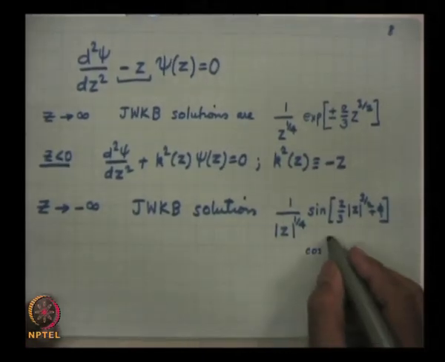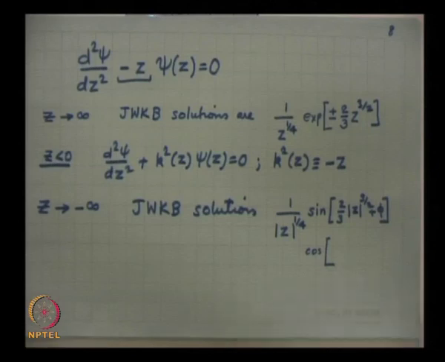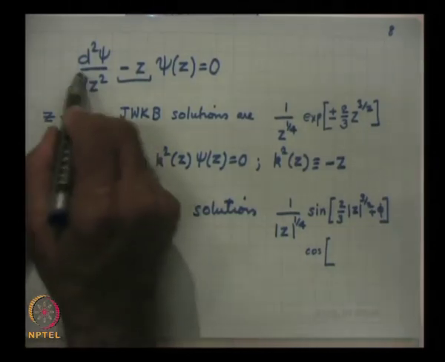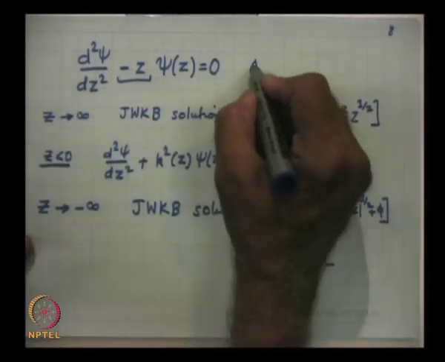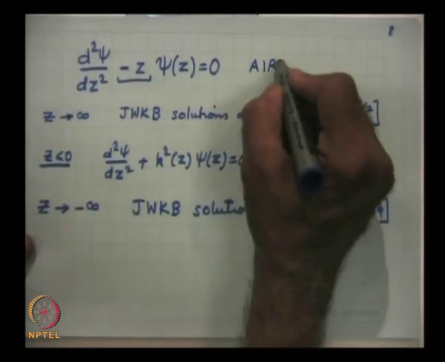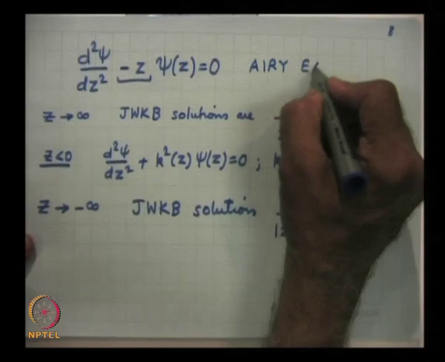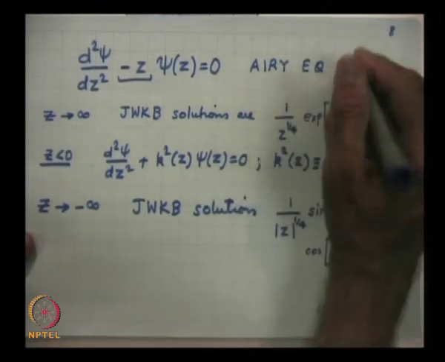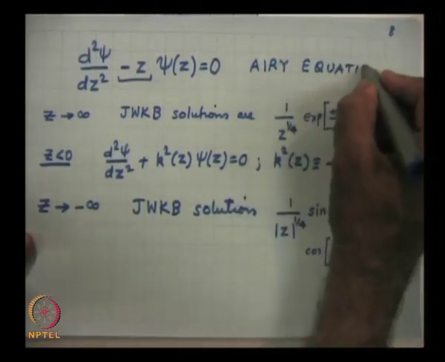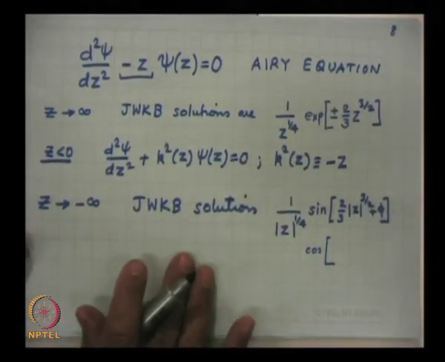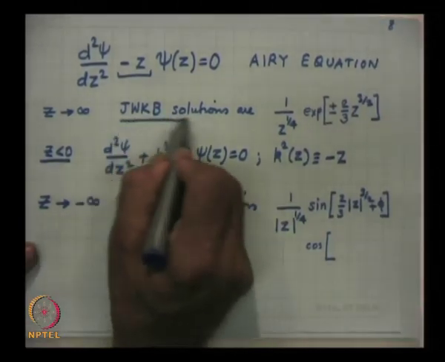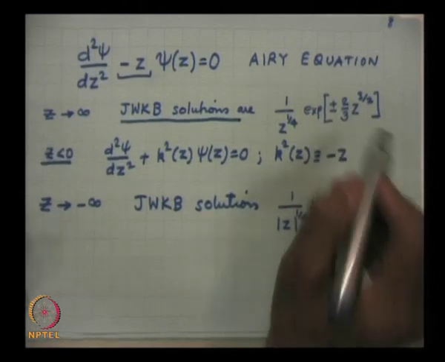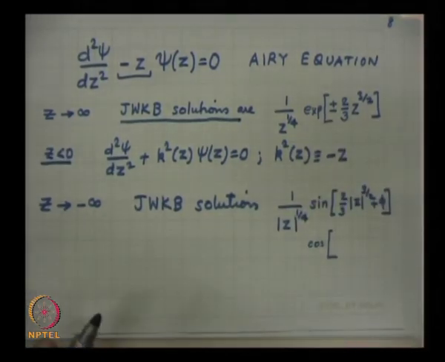And similarly you can have the cosine solutions. As I mentioned, this is the Airy equation, and the WKB solutions of these Airy equations are exponential, this and that.